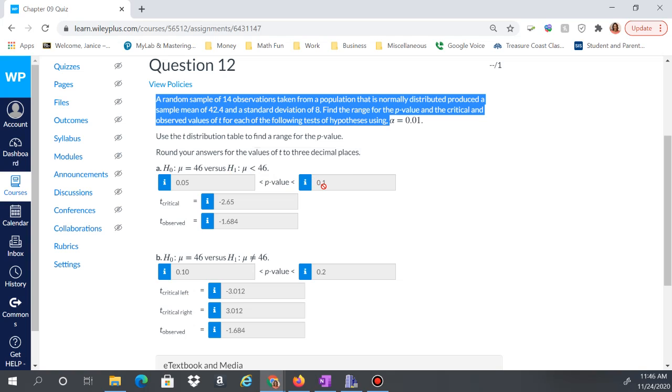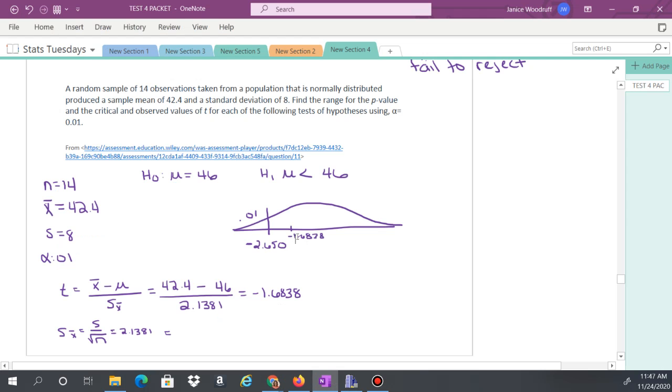So here is what we are doing. You're finding where the p-value lies between. Meaning, find the p-value, so the probability or the area under this curve to the left. What is that area? This is a t distribution, so we're going to use tcdf.